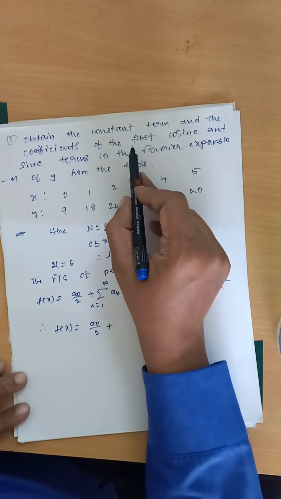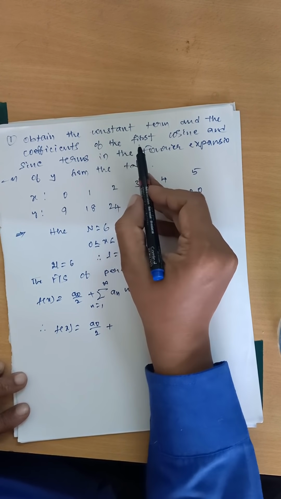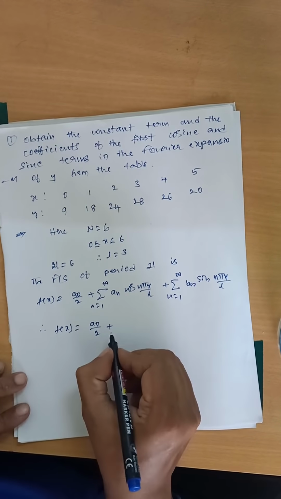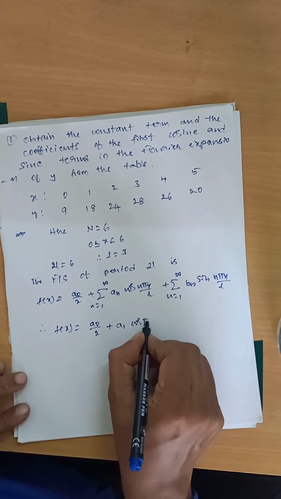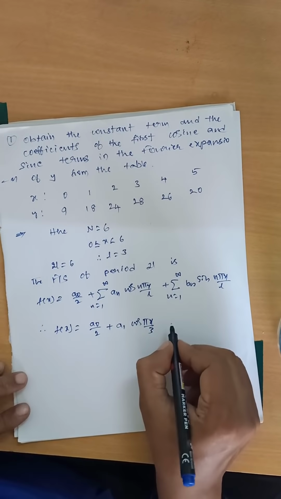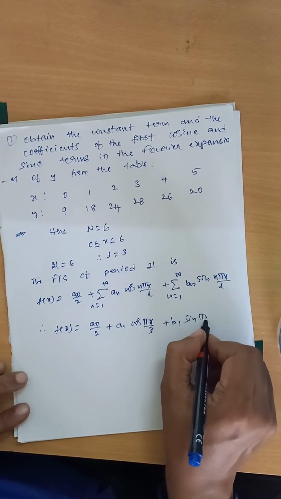We find only a0, a1, b1, that is a1 cos 1 pi x by 3 plus b1 sin 1 pi x by 3.